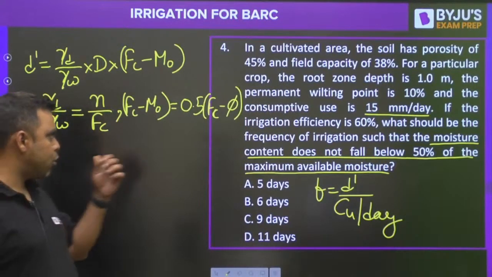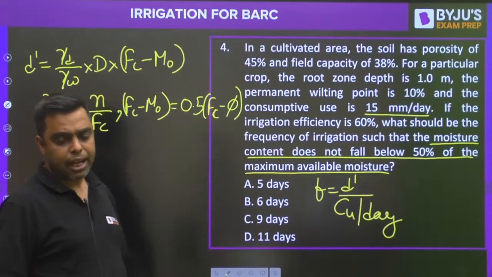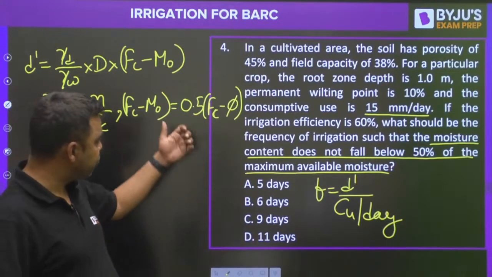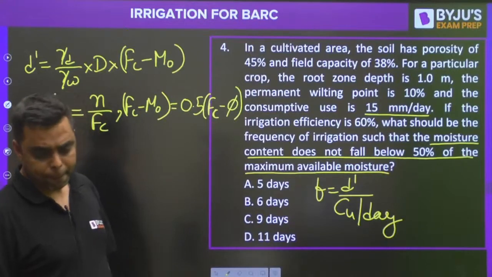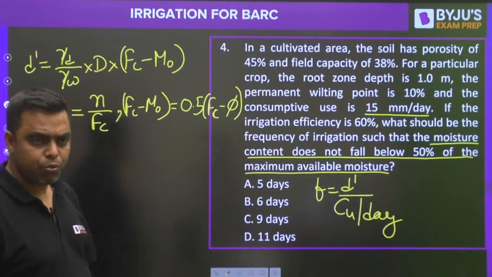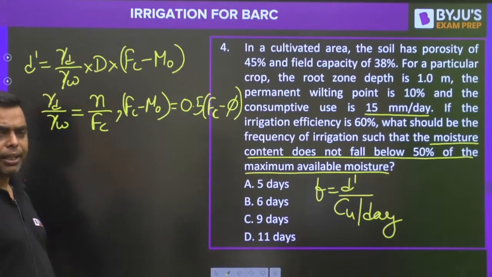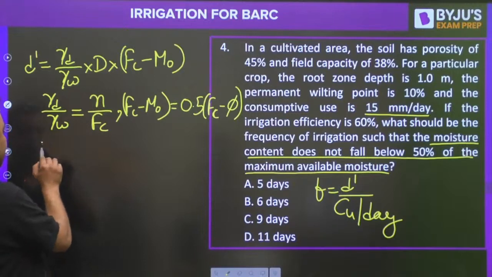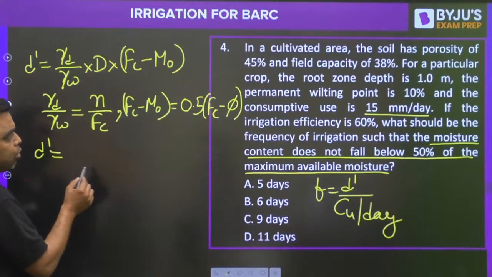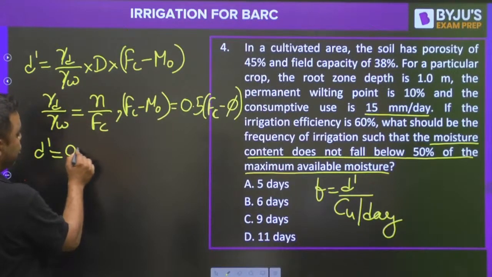So the available moisture is FC minus phi, and we are supposed to consume 50% of it only. Agreed, everyone? Clear?